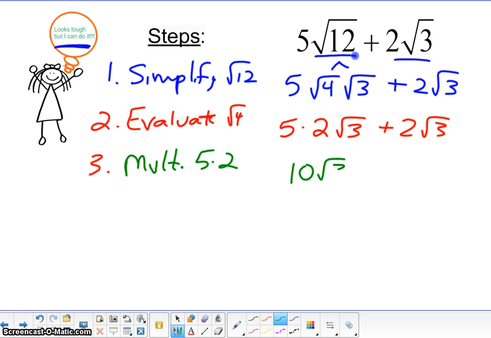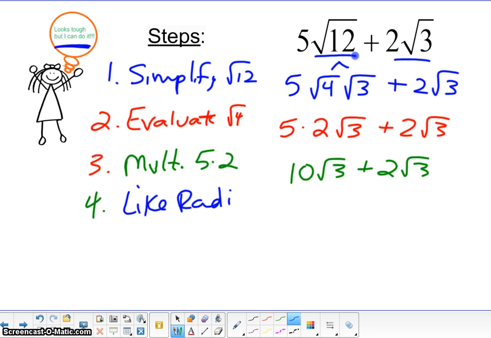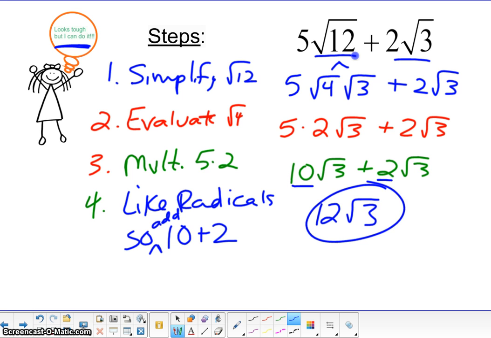So we're on our way to simplifying, and notice we have like radicals now. So we'll be able to put those together just as we did in the previous 2 problems. So like radicals, so 10 plus 2 is what we're going to add. 10 plus 2 for an answer of 12 radical 3.